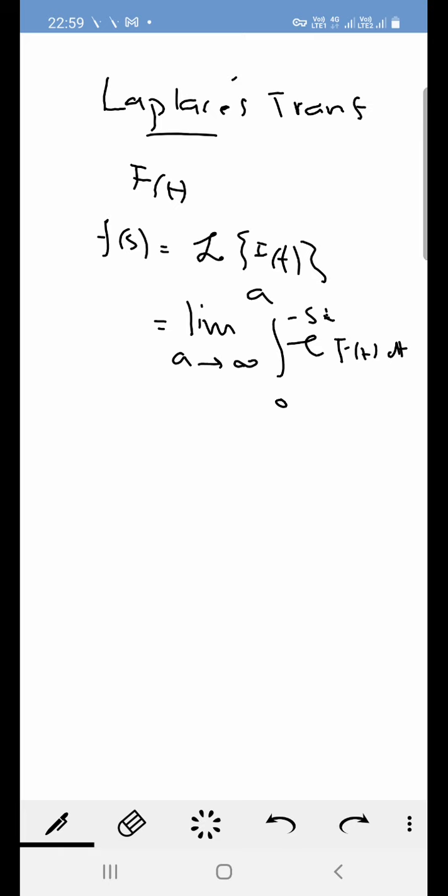Now we will take up some properties of the Laplace transform. Suppose there is an equation C1 f1(x) plus C2 f2(x).